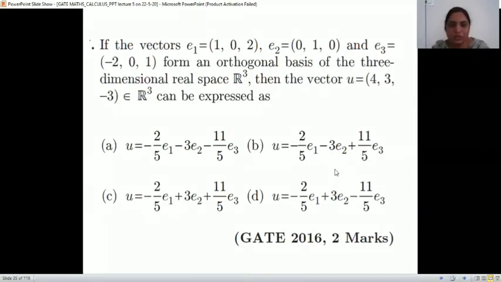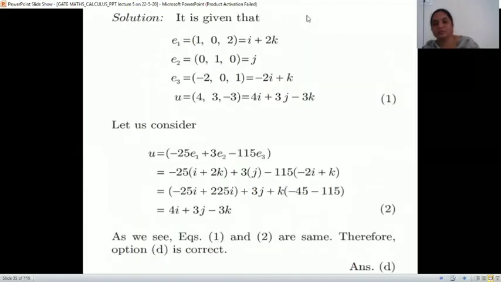Okay, next question. If the vectors E1 bar is 1, 0, 2, E2 bar is 0, 1, 0, E3 bar is minus 2, 0, 1, form an orthogonal basis of the three-dimensional real space R3, then the vector U bar 4, 3, minus 3 can be expressed as... E1 bar is given as 1, 0, 2, E2 is 0, 1, 0.